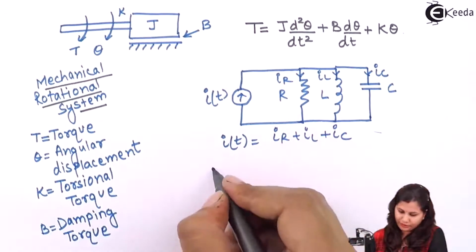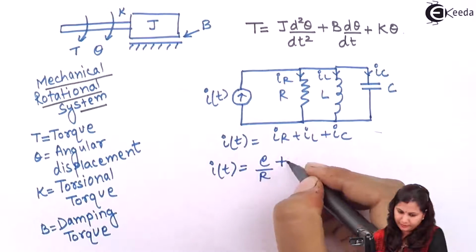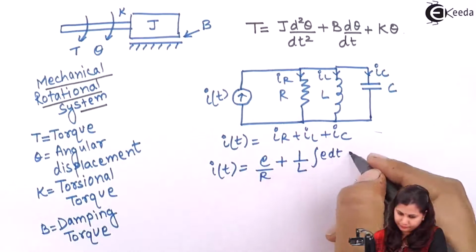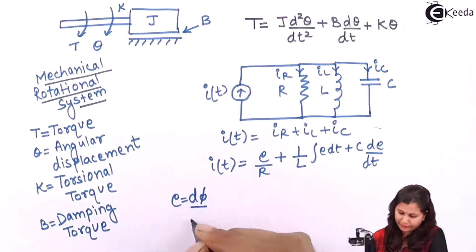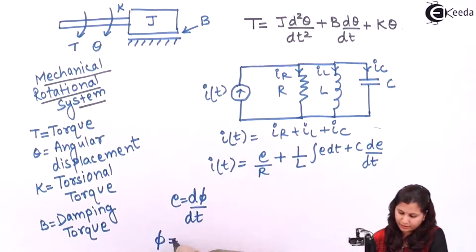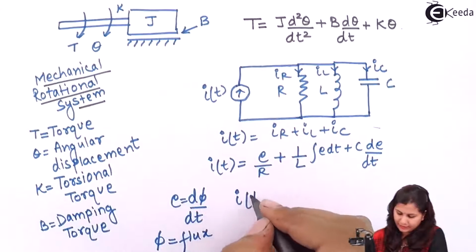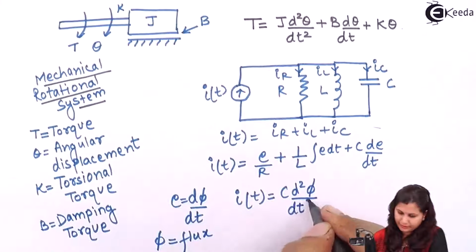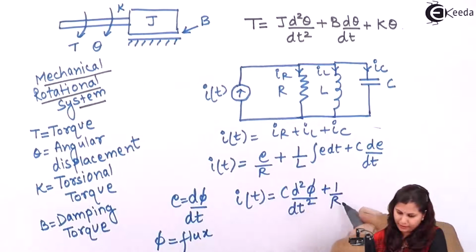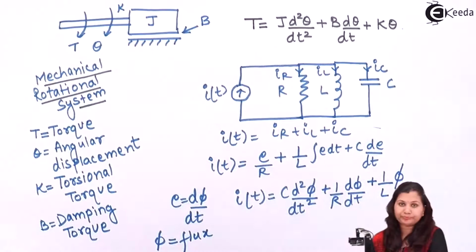So putting the values of these currents, we will get IT equals E by R plus the other terms. Now putting E equals d phi by dt, where phi is the flux, we will have this equation as IT equals C d2 phi by dt square plus 1 by R d phi by dt plus 1 by L phi.